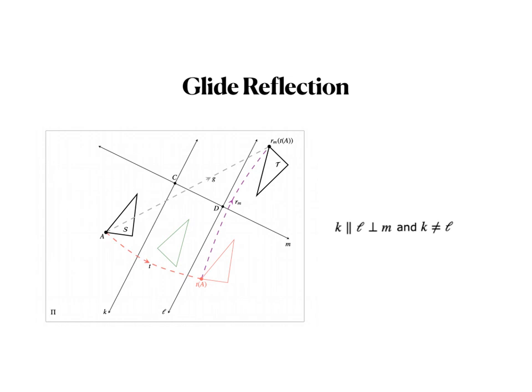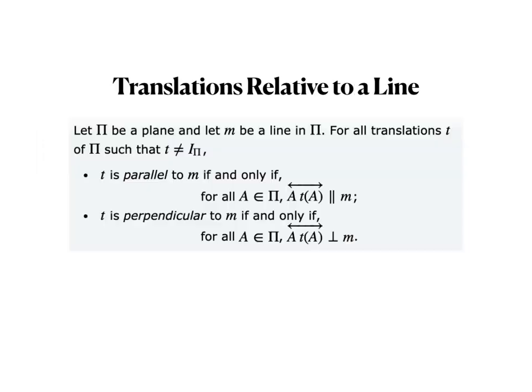The three reflections for the odd isometry is called a glide reflection. This results when I have two lines that are parallel and one that is perpendicular to the two parallel lines. So you can see what happens is you translate and then you reflect. So that's why it's called a glide reflection.